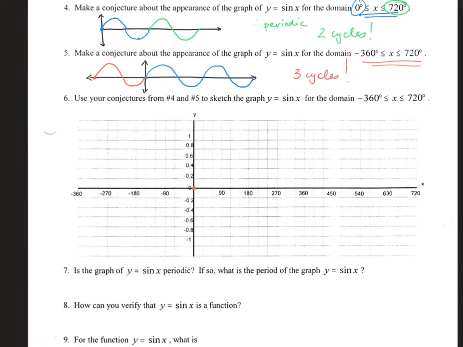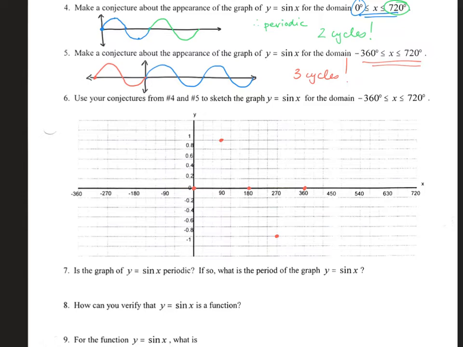It's going to rise and hit its peak at the end of the first quadrant, which puts me at 90 degrees and my maximum value of 1. My sine curve is then going to fall and get back to 0 at 180. It continues to fall until it gets to its minimum value at 270, and it returns back to 0 at 360.